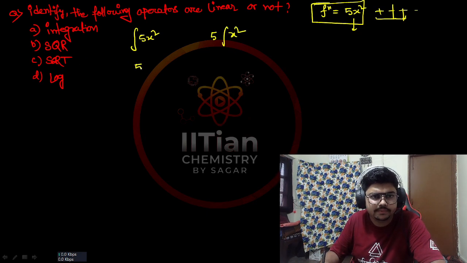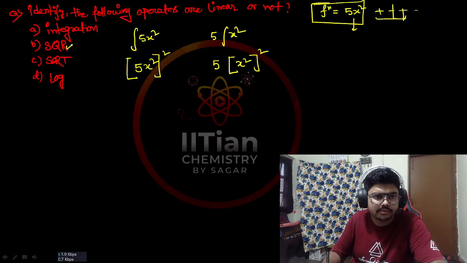Square: for 5x squared, we have to operate a square on it. If we square it, is it the same thing? It will not operate on 5, it will operate on x squared only.